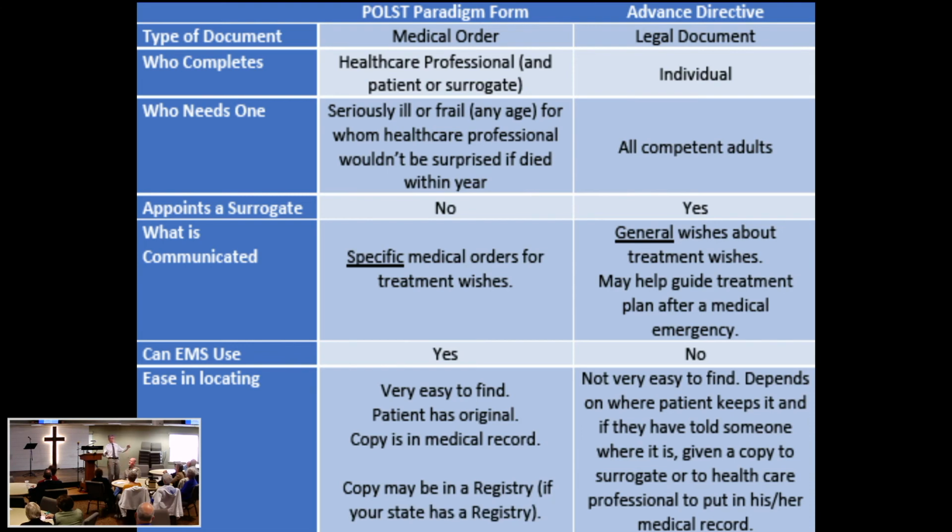Pretty much once you grow up, have kids or a wife or family, you need a living will. Who appoints the POA? The POLST form doesn't; I said it's filled out by a POA. A living will appoints your POAs, your medical power of attorney. What's communicated? The POLST form is specific orders. The advance care directive of the living will is general wishes.